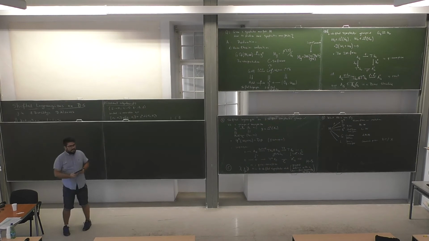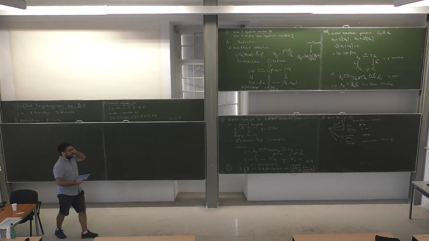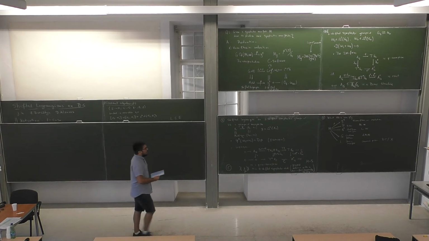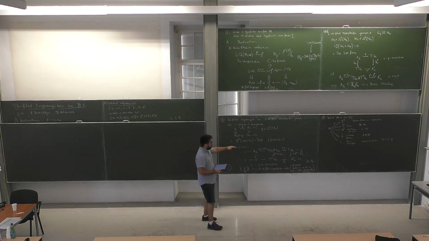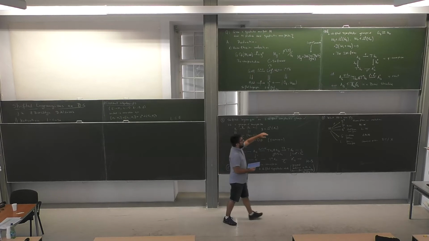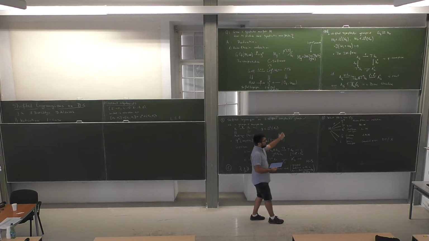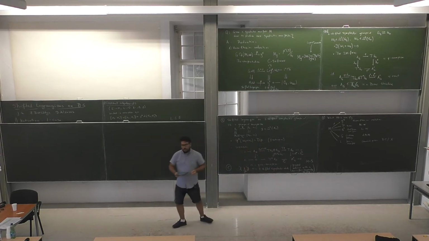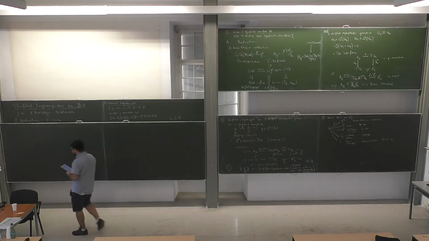So this is basically the one-shifted case, and this explains how one can construct symplectic manifolds by using Hamiltonian reduction, or many types of Hamiltonian reduction.